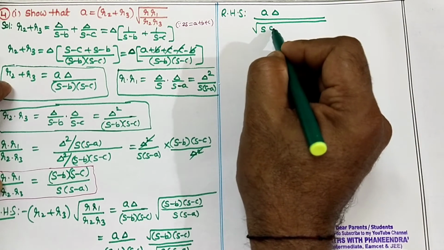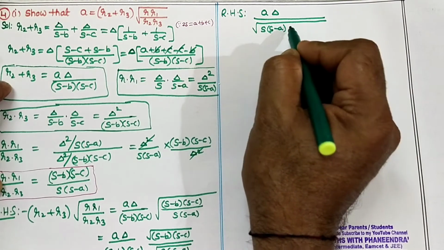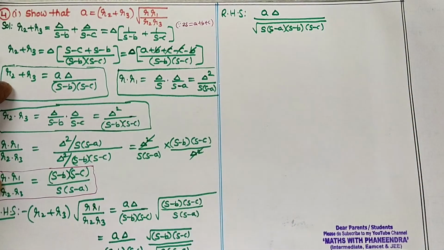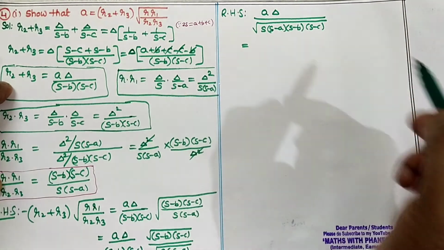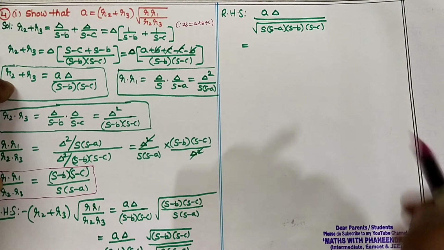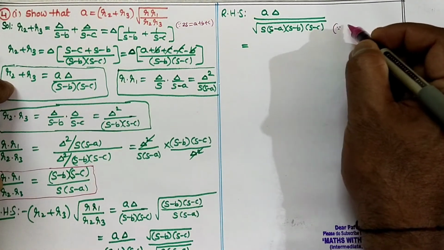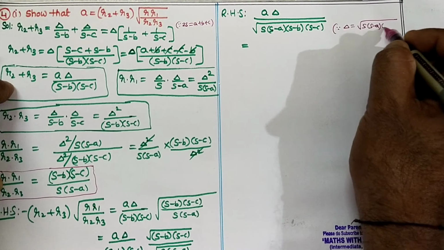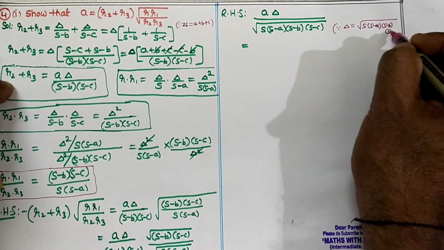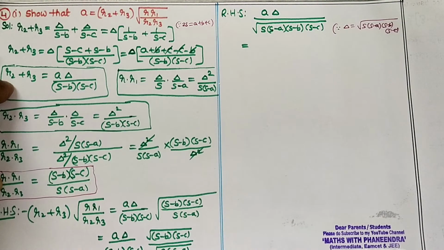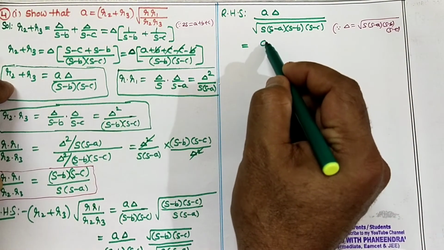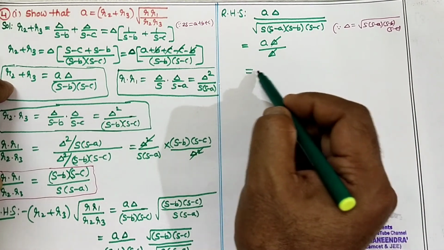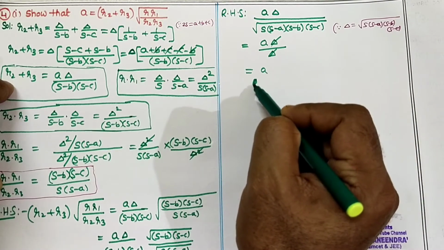All S into S minus A into S minus B into S minus C. So after that we have the formula. Which formula we have? Delta equal to root of S into S minus A into S minus B into S minus C. So now A into delta divided by delta, delta gets cancelled, which is equal to A, which is the required LHS.